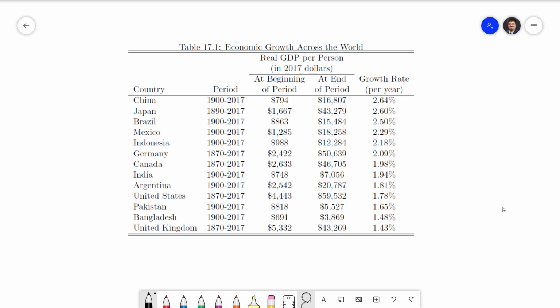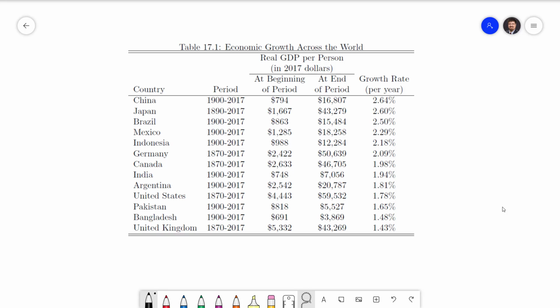The United Kingdom started out as the wealthiest country on the list and ended up as one of the wealthier, but not the top, and had the lowest growth rate of 1.43%. On the other hand, China had the highest growth rate per year of 2.64%, and grew from one of the poorest countries to certainly not the top, but one of the middle-ranked countries in terms of GDP per person.